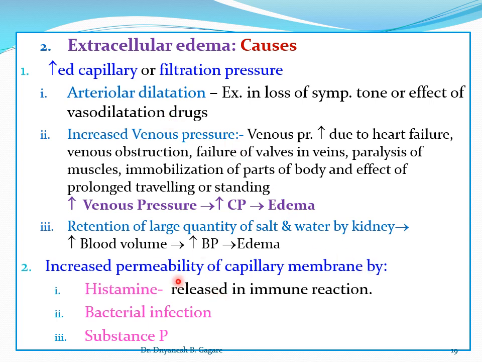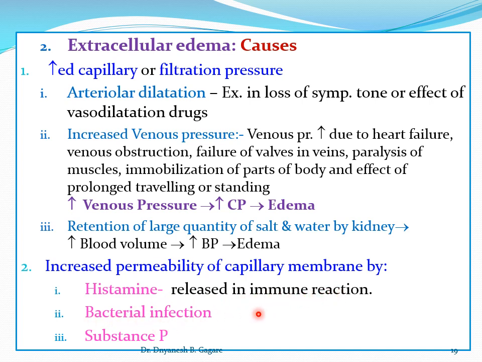Here the hydrostatic pressure is normal, but there is a problem in the capillary membrane. The permeability can be increased, for example, in allergic conditions, with the release of an immune reaction. In an allergic condition, histamine is released. You must have seen that in allergic conditions there is swelling of the tissue, so one of the mechanisms is that histamine acts on the capillary membrane and increases the permeability, and causes more filtration.